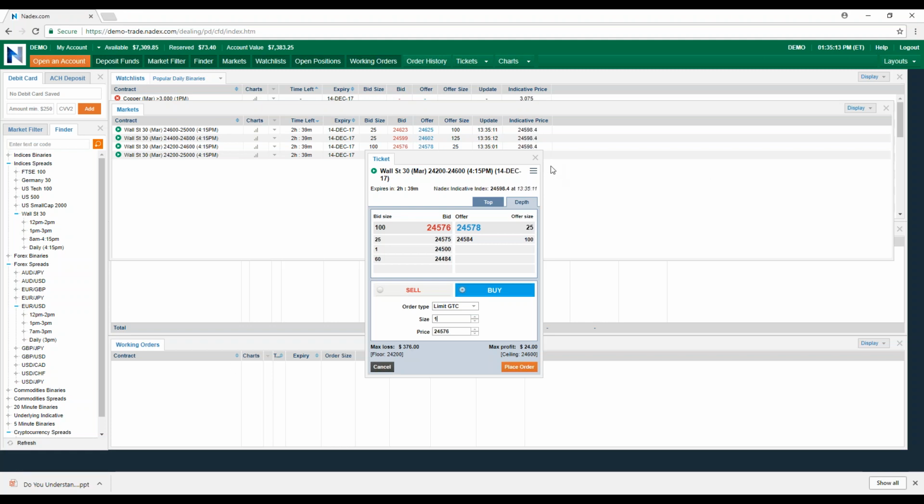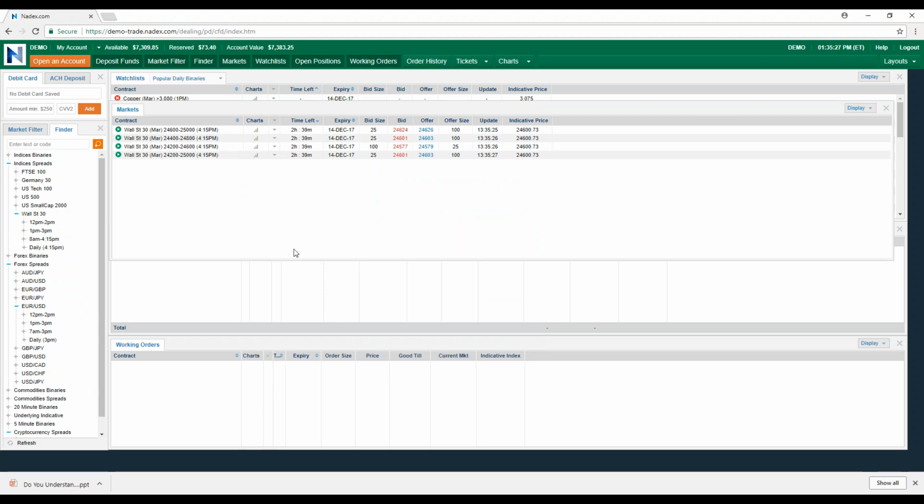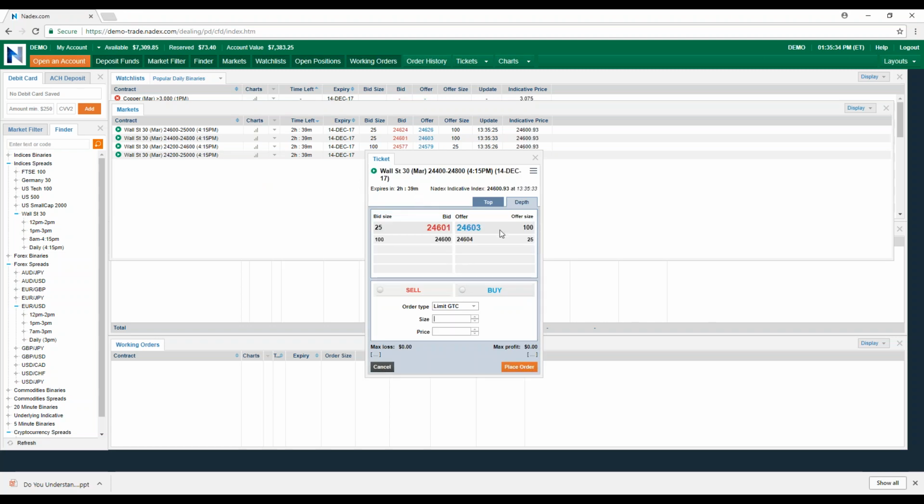Okay, so now that we understand how the spreads work a little bit, and how the risk and max loss numbers come about, we need to take that a step further and make sure we fully understand that. Let's take a look at this one, for example.